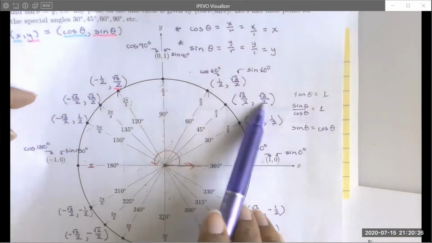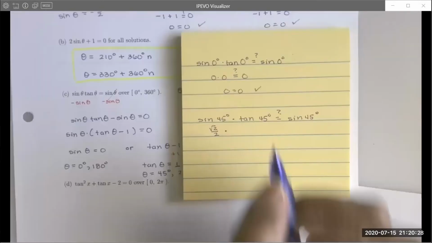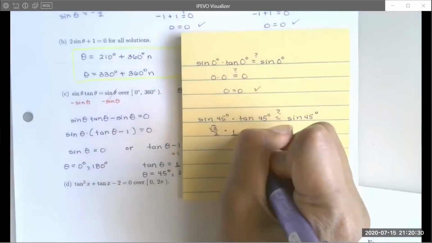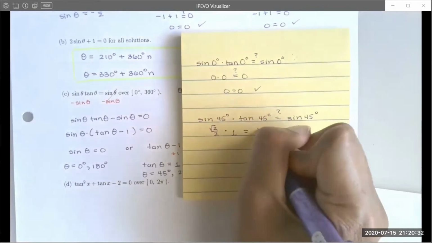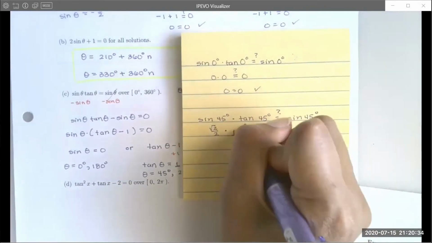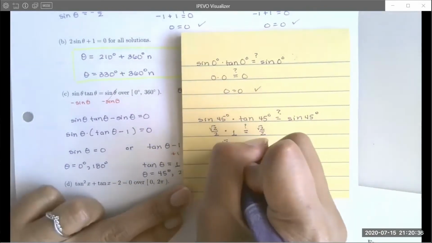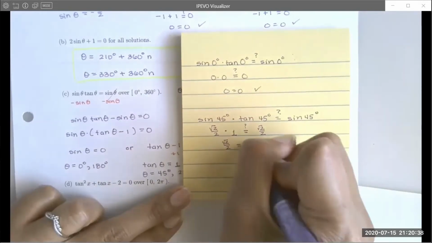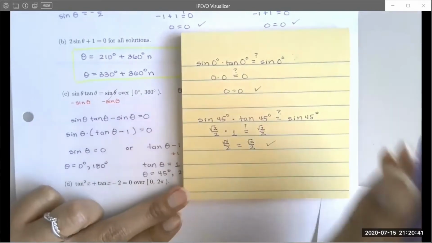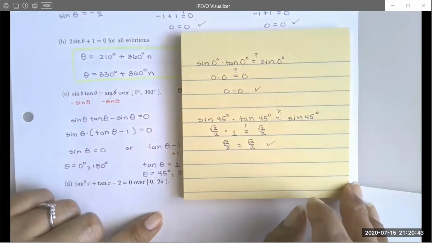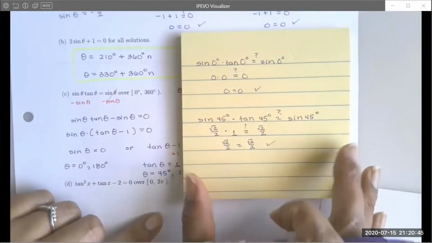So radical 2 over 2 divided by itself. So that's a 1. Is it true that that equals sine 45, which we just said was radical 2 over 2? So is radical 2 over 2 equal to radical 2 over 2? Yes, it is. So that means our 45 degree is correct.